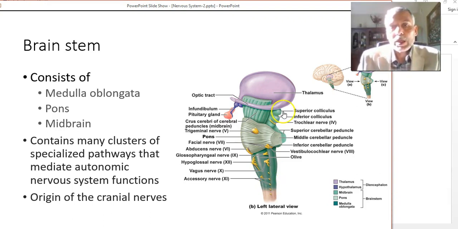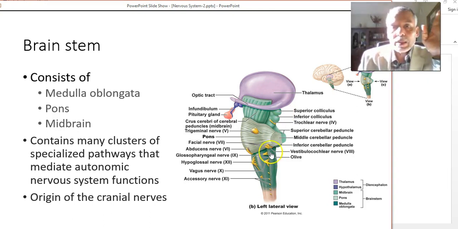And all of these are called the cranial nerves. Why do we call them the cranial nerves? The single reason is that the roots of these nerves, their origin, originate on the brain stem inside of the cranium, inside of the skull.